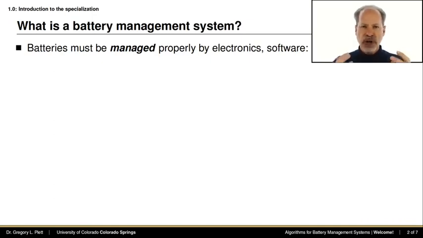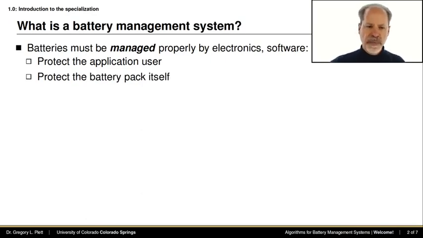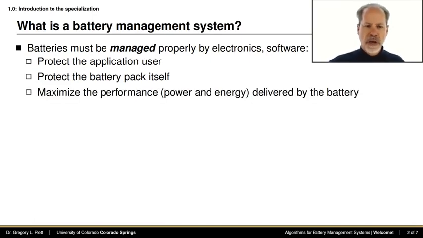Batteries need to be managed properly by a battery management system that comprises specialized electronics and specialized software that are co-designed in order to accomplish a number of very important goals. First, the battery management system needs to make sure that it protects the human users of the application that is being powered by the battery. Second, it needs to make sure that it protects the battery pack itself from any kind of damage and abuse, because the battery is an extremely expensive investment in many cases.